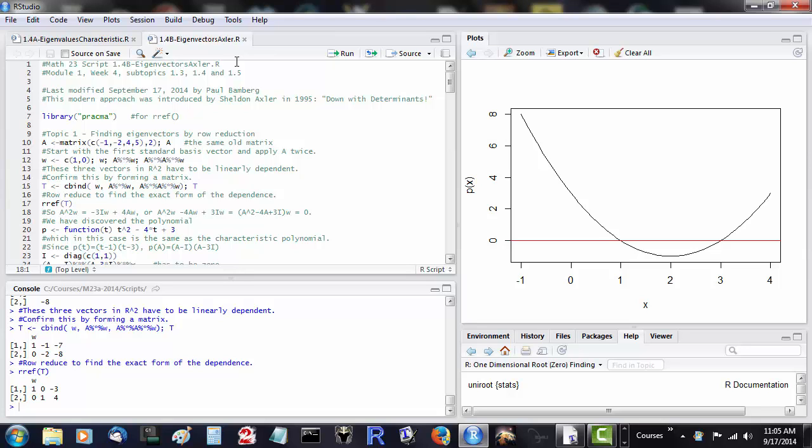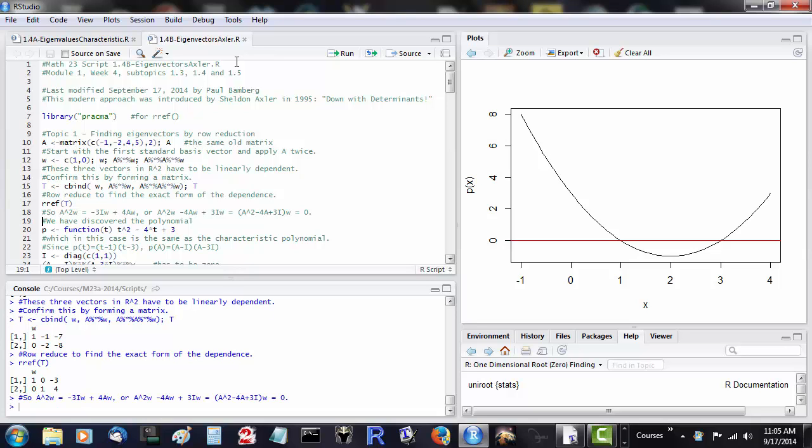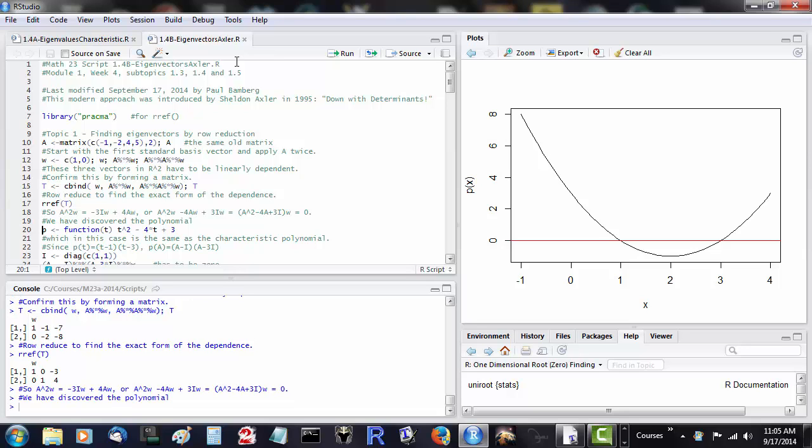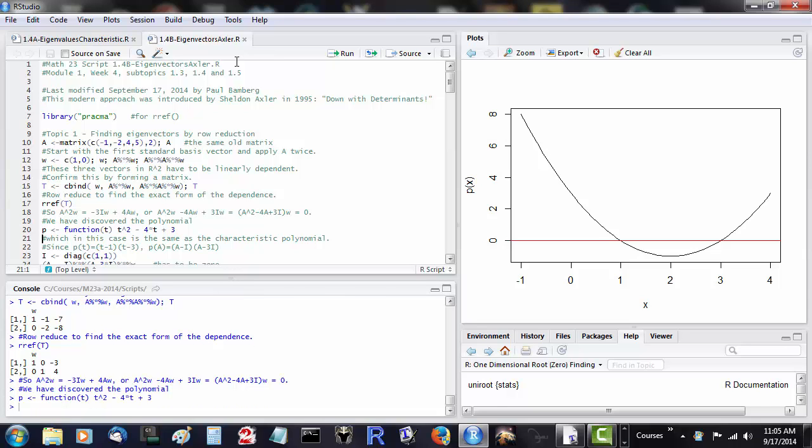The third column, remember, comes from A squared W, and what the row reduced matrix says from the first row is that that's equal to minus 3 times W, or minus 3 times the identity matrix times W, and the second row says we have to add on 4 times A times W. If I write that equation with everything on the left, I get A squared minus 4A plus 3I acting on W equals 0. And if I write this quadratic as a function of T instead of a function of A, it's T squared minus 4T plus 3.